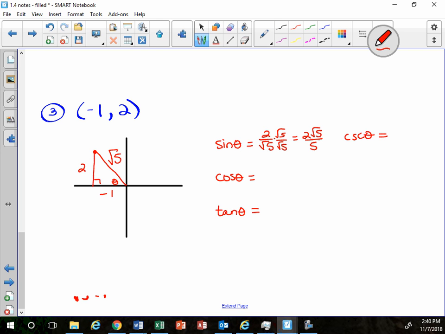There you go. You're done with cosecant. So it's just the unrationalized original. Sine is opposite over hypotenuse, and cosecant is hypotenuse over opposite. So you can just think about that.